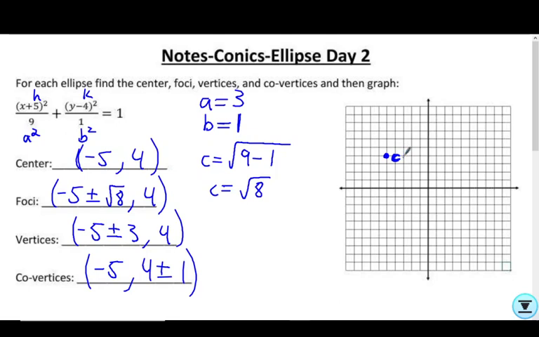So 1, 2, 3 right here, and then 1, 2, 3. So these are my vertices, V. Then my co-vertices are up 1 and down 1. So this is my ellipse right here.